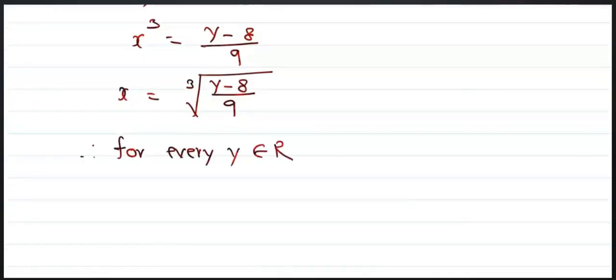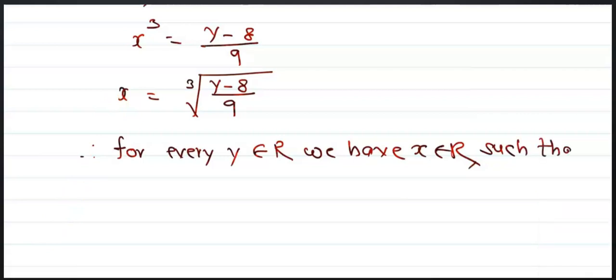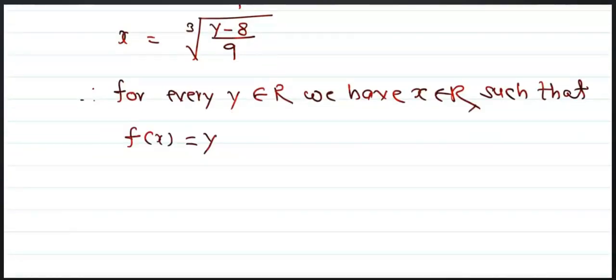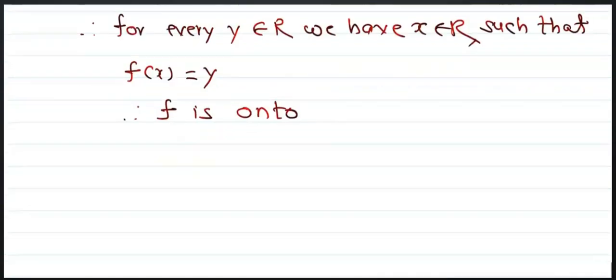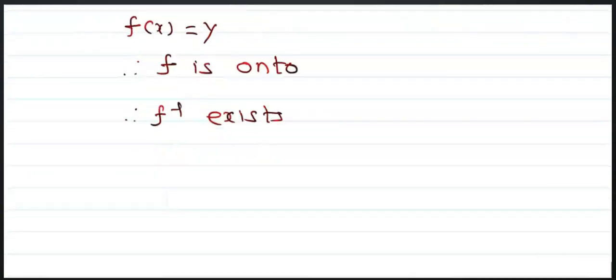Therefore, for every y in R, we have x in R. We get the cube root such that f of x is equal to y, and hence f is onto, and hence f inverse exists.